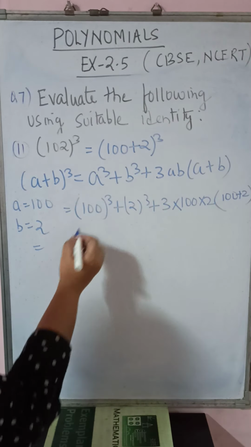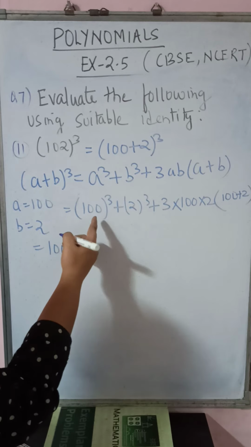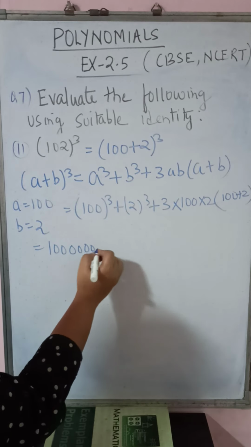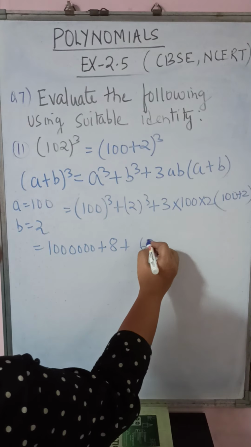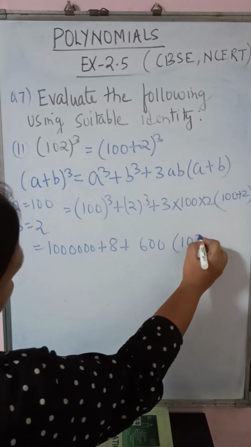Now 100 cube, so how many zeros again? 6 zeros. Plus 2 cube is 8. Plus 3 into 100 into 2 is 600, into 102.